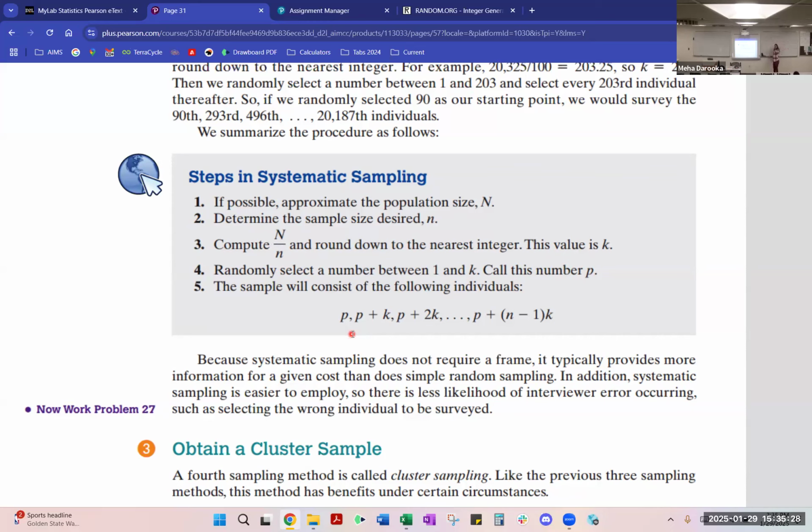What's 14 divided by 5? 2.8, so let's round that up to a 3. Omar, 13 divided by 5? 2.6, so we'll need to bump you up to 3 also. Christopher, 9 divided by 5? So we'll need to bump you up to 2 as well.